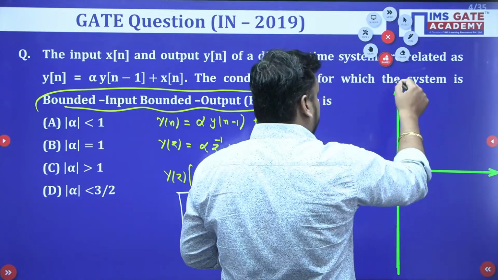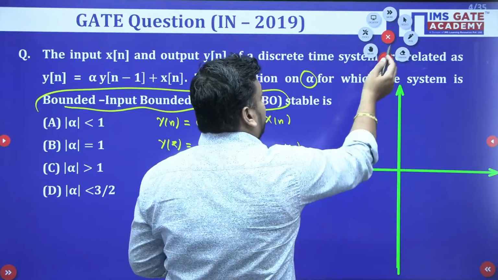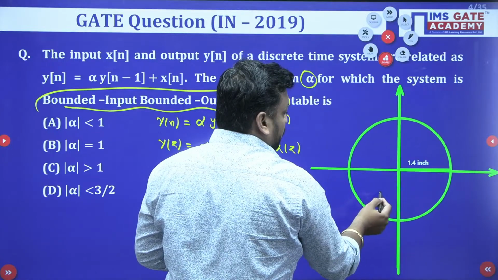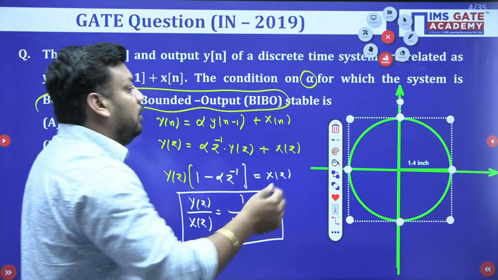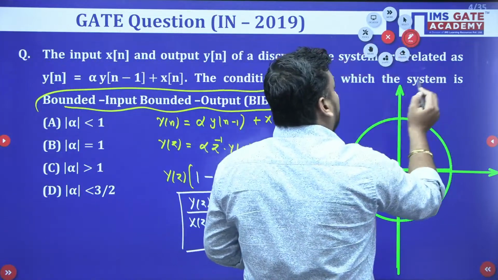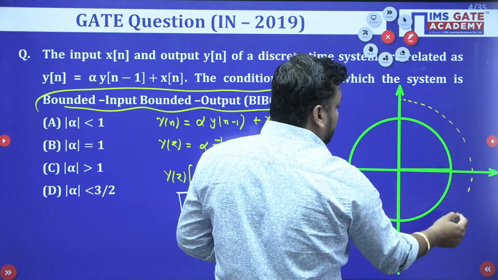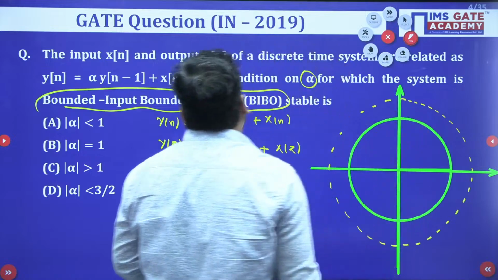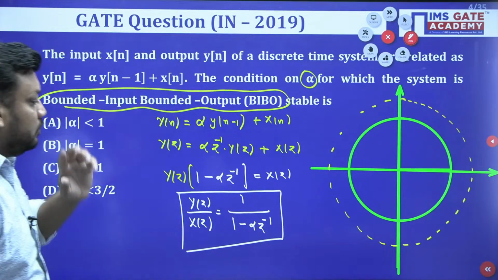Now I will make a circle of radius alpha. And you should tell me, to make the system stable, ROC must include the imaginary axis, the condition for which the system should be stable.